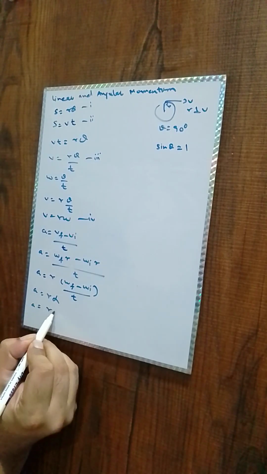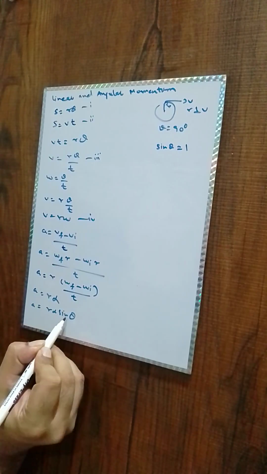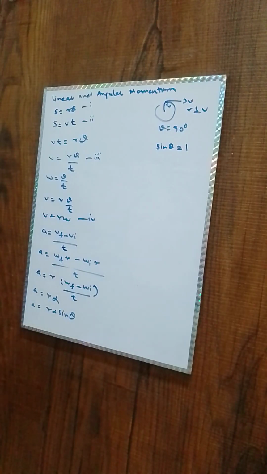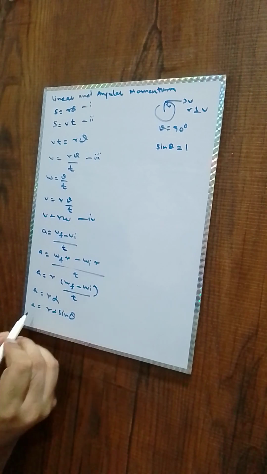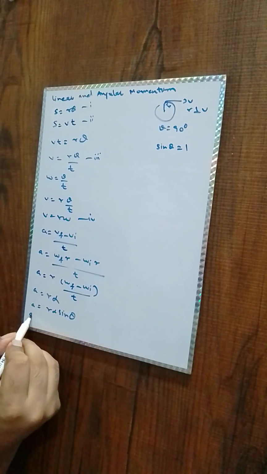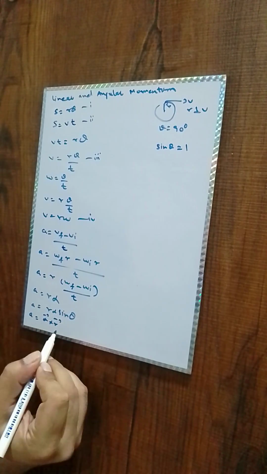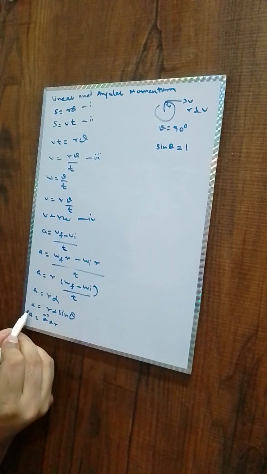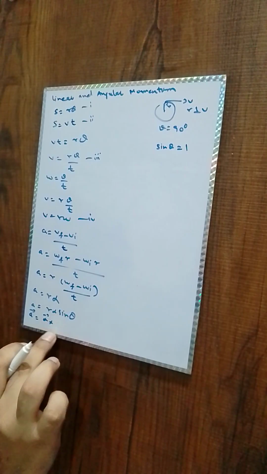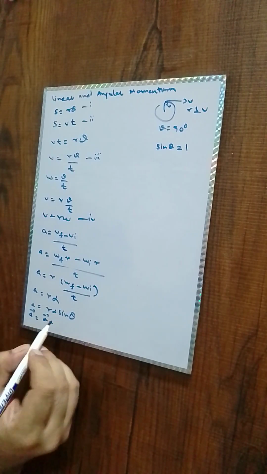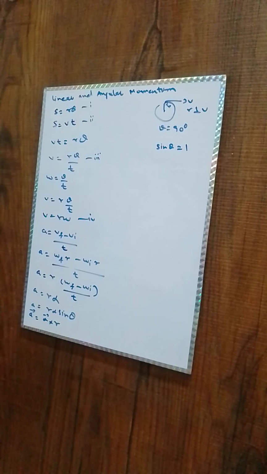So in terms of the vector product, if we take this r alpha sine theta and approximate with the circular arc, we get a is equal to alpha cross r.